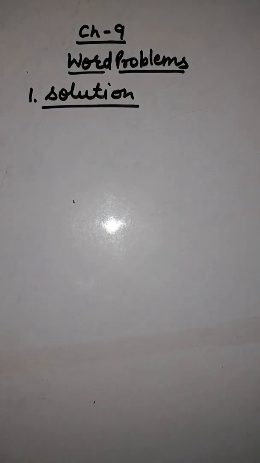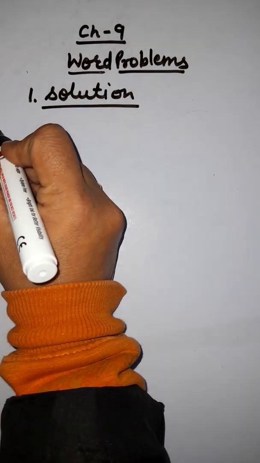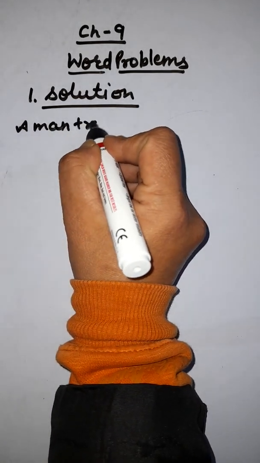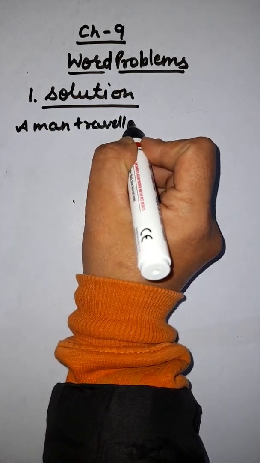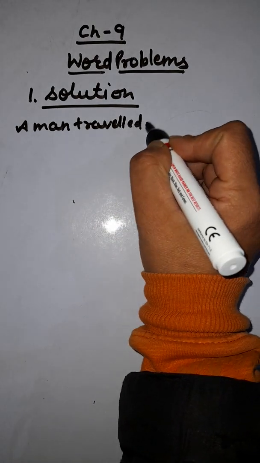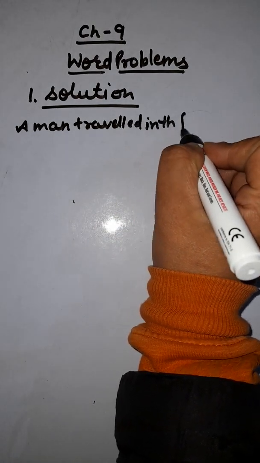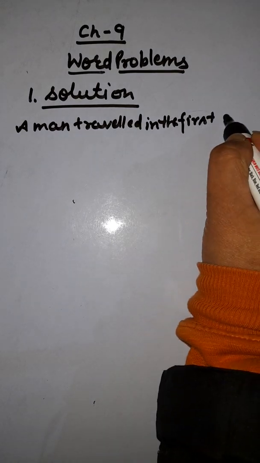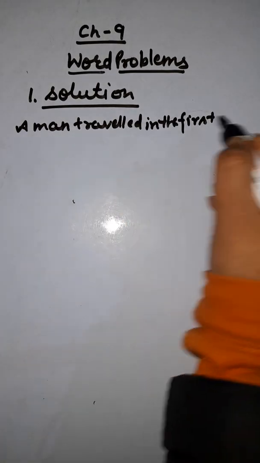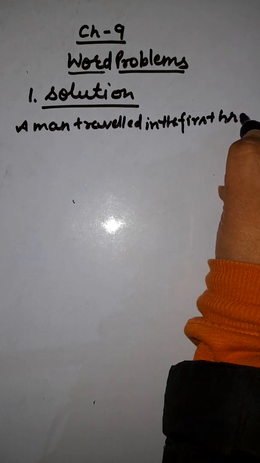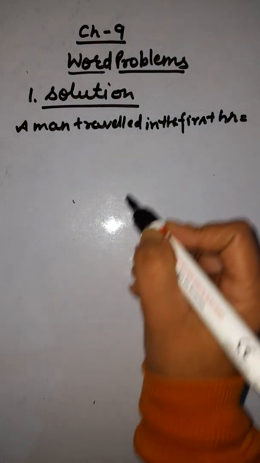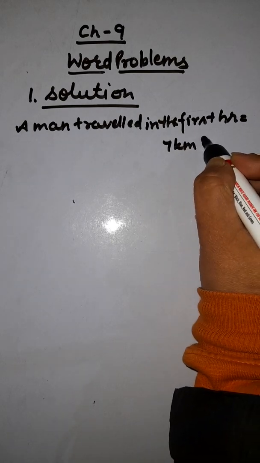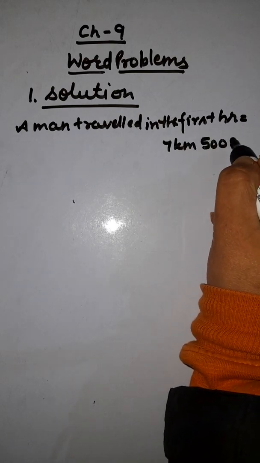The statement 1 is a man traveled in the first hour is equal to 7 kilometer and 500 meter.